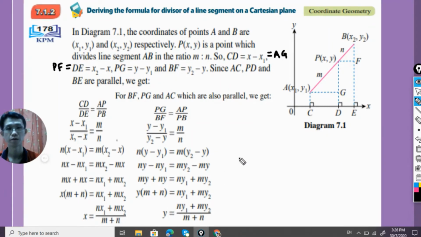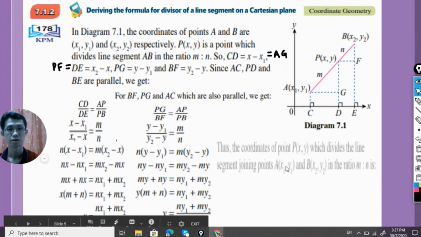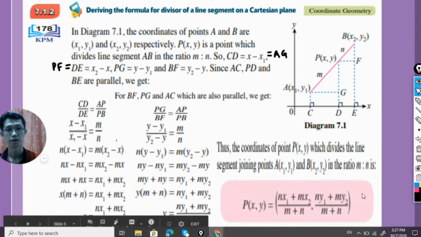So the coordinate y of point P is given by n multiplied with y1 plus m multiplied with y2 over m plus n. By combining the two expressions that we found, we should be able to get the section formula that relates the internal point P with the two endpoints A and B in this way.